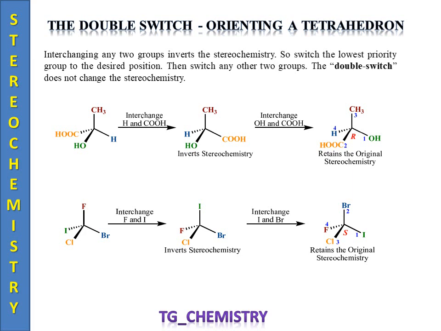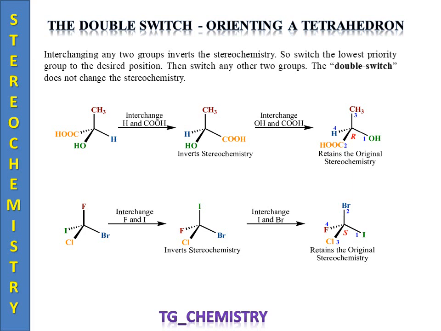Then we switch any other two groups, keeping the fourth priority group in the dashed lines, away from the viewer or in the back side. The double switch does not change the stereochemistry any further, and then we go for the 1 2 3 priority groups, and we can assign the chirality of the chiral carbon center.